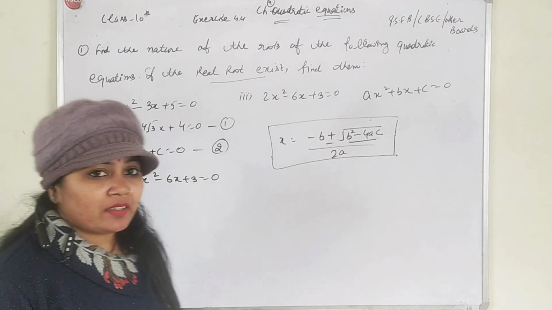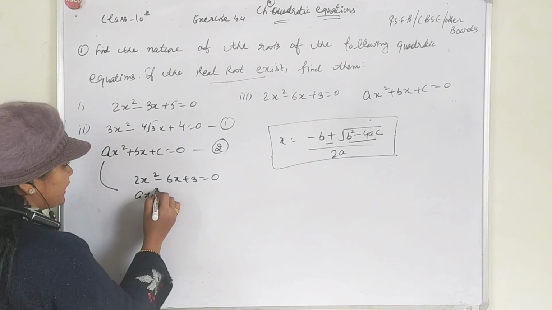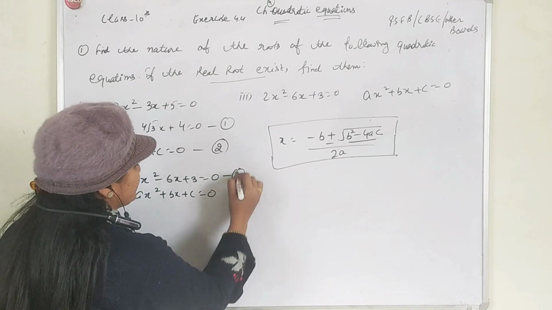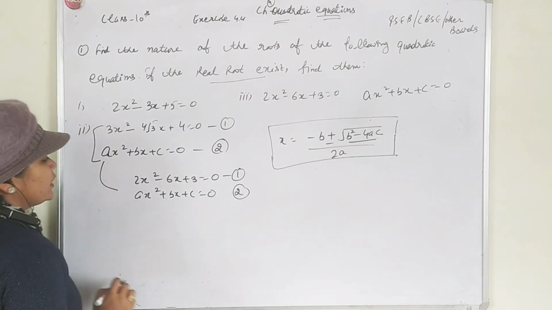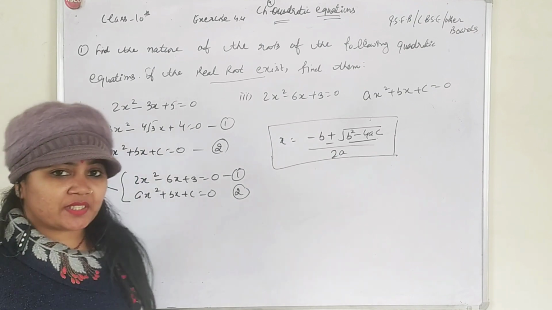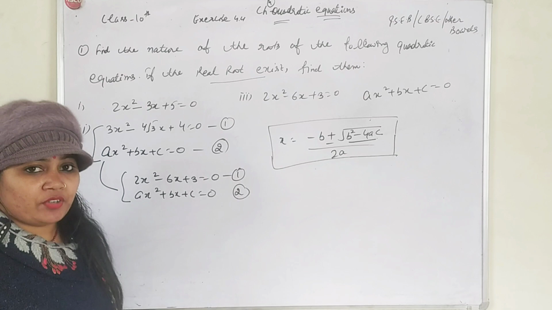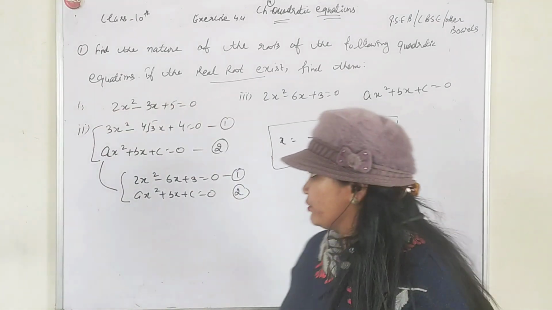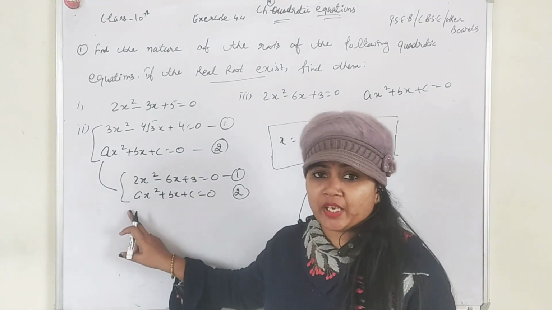We know that the standard form of a quadratic equation is this one. We will compare these two equations, first and second. The coefficient of x² is 2 in equation one, and in equation two the coefficient of x² is a.